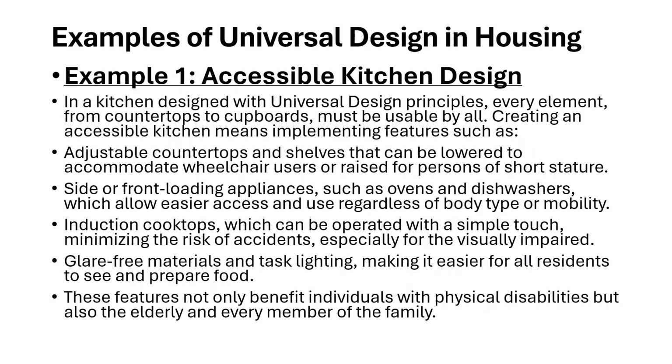That's glaring, and that's not helpful to highlight potential barriers. So you want glare-free materials and task lighting, making it easier for everyone to see and prepare food. And these features not only benefit individuals with physical disabilities, but they help seniors. They actually help all members of the family live a better, more enjoyable life.